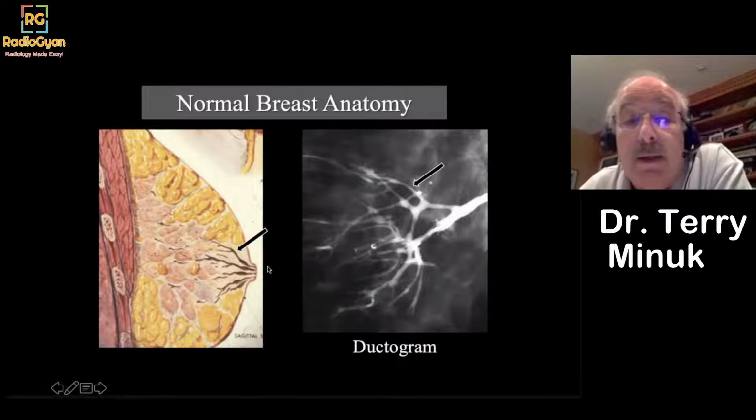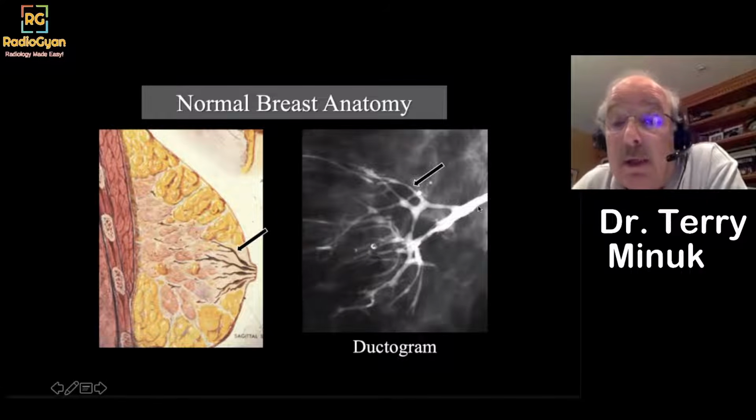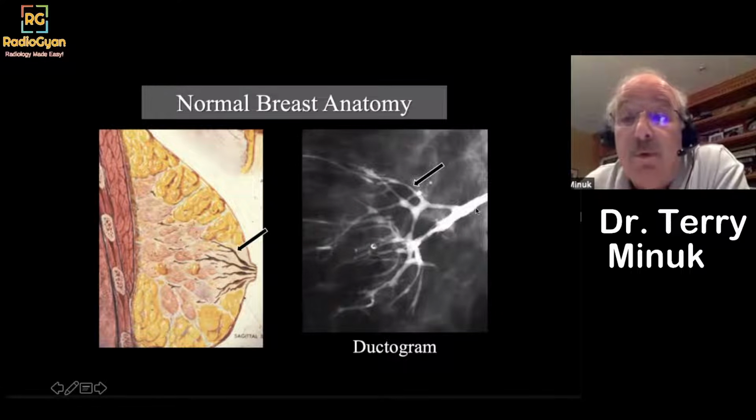Now, we have a schematic on the left of the duct system. There's about 15, 20 ducts that extend from the nipple into the breast. And the image on the right is a ductogram, and we've injected some contrast into the ducts. And what you'll notice here is some of the ducts extend to the top of the breast, where the black arrow is, and some go to the bottom.